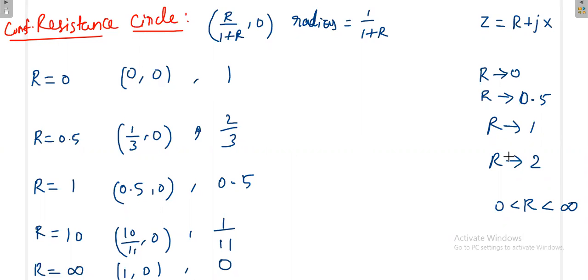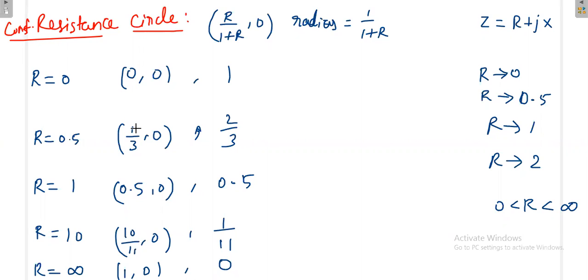Even if R is infinite, the maximum radius is 1. And one more thing is clear: if you observe the center points, all the center points are residing on the positive x-axis. If you think of it as x comma y, all the points lie only on the positive x-axis.